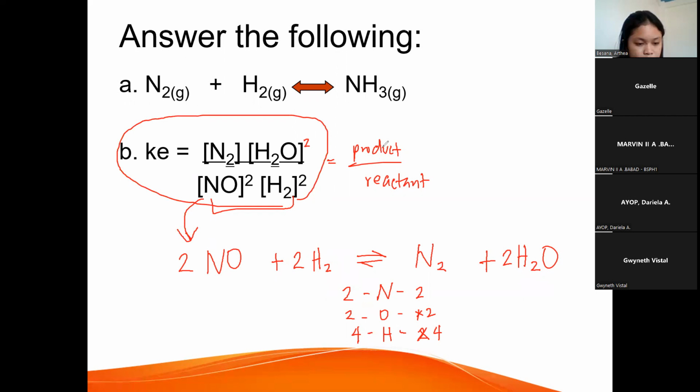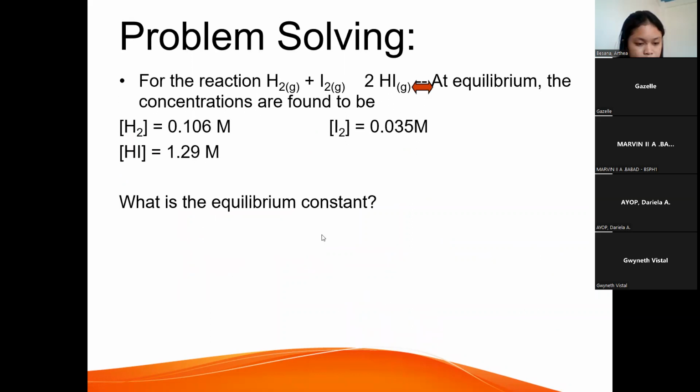Just do not forget, it's always product over reactant, and the exponents present there are their coefficients. Sige. So next meeting, we will continue with this one.